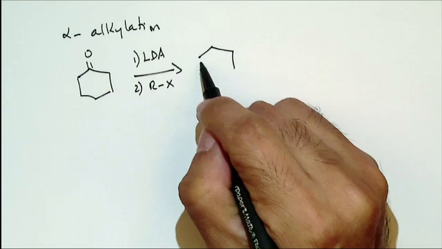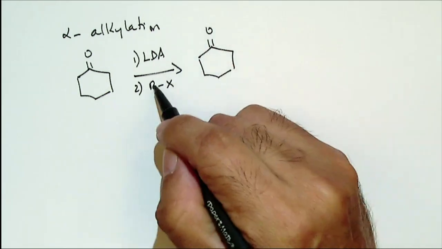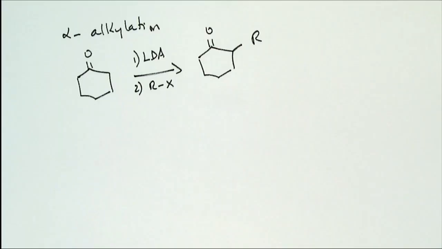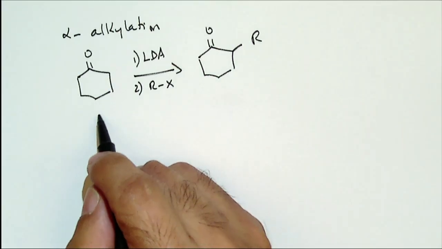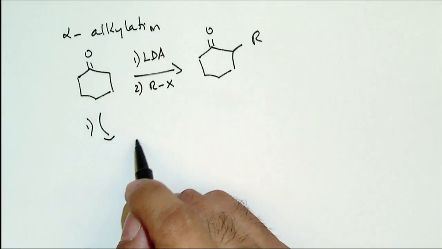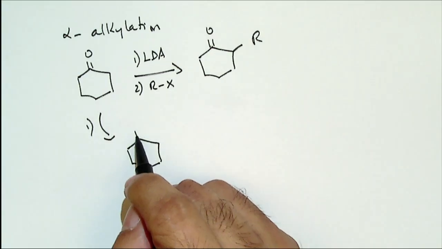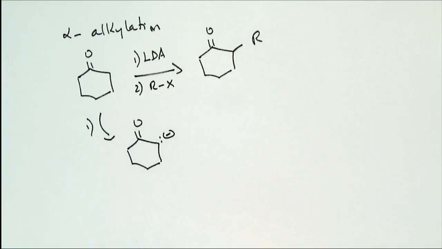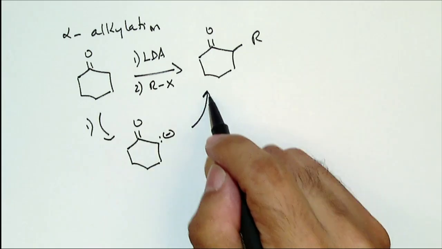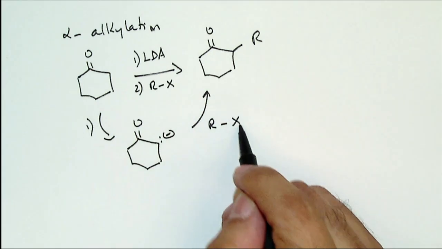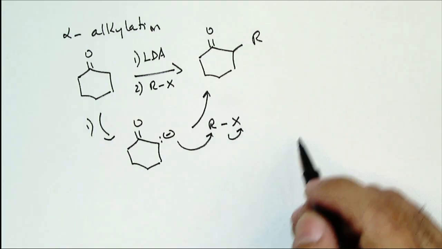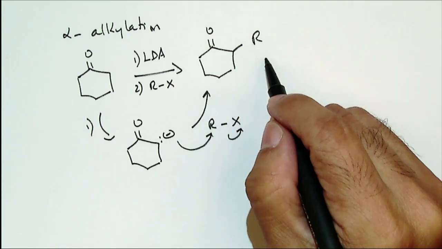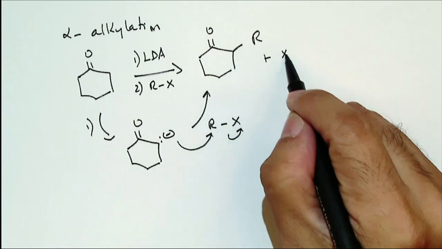And what I will end up doing is attaching the alkyl of the alkyl halide at the alpha position, so I extend the size of the chain. Now, the LDA is going to first deprotonate, and so I'm going to get this. And then this, of course, is what's going to attack my alkyl halide. You attack this, kick this out, and you're going to get that. And of course, side product will be X minus.